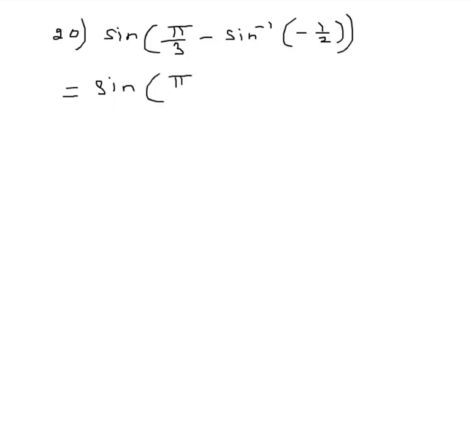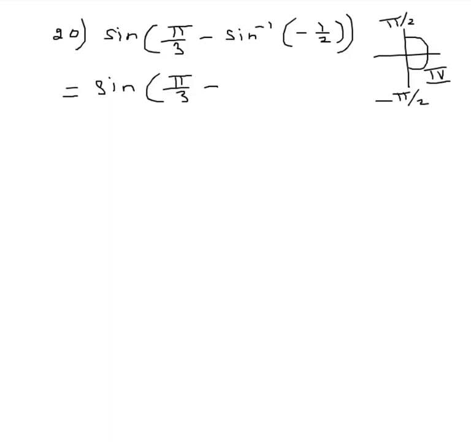Question 20. Sine of pi by 3 minus sine inverse of minus half. Let us simplify. The principal value branch for sine inverse is the closed interval minus pi by 2 to pi by 2. So minus half, a negative value, is a fourth quadrant angle.